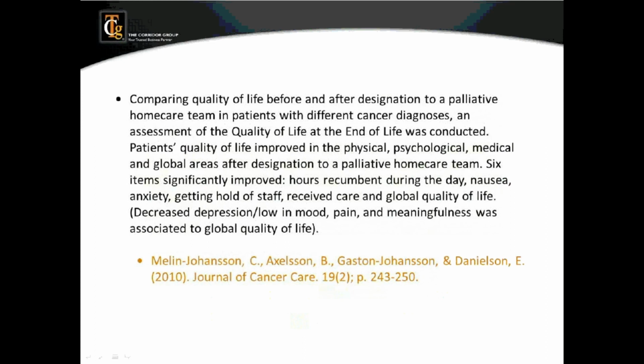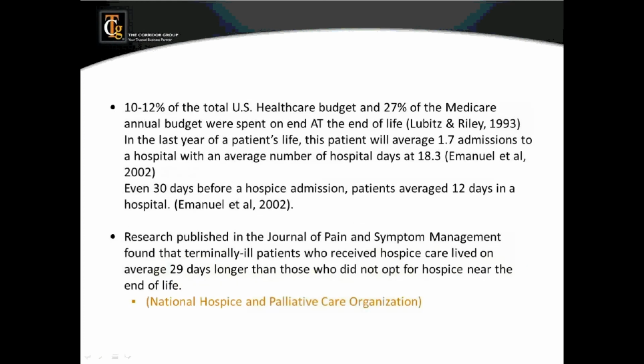The patient's quality of life improved in physical, psychological, medical, and global areas after designation to palliative care teams in the home. 6 items significantly improved: the hours recumbent during a day, nausea, anxiety, getting a hold of staff, received care, and global quality of life. So decreased depression, low mood, pain, and meaningfulness was associated to global quality of life. Next slide, please.